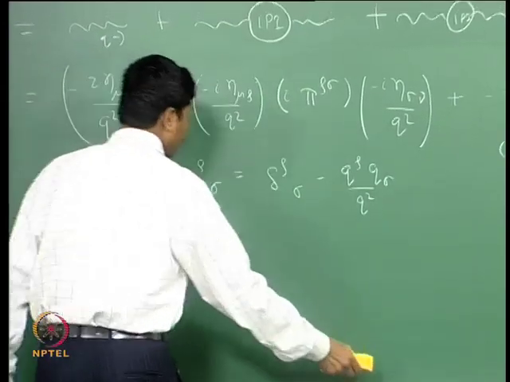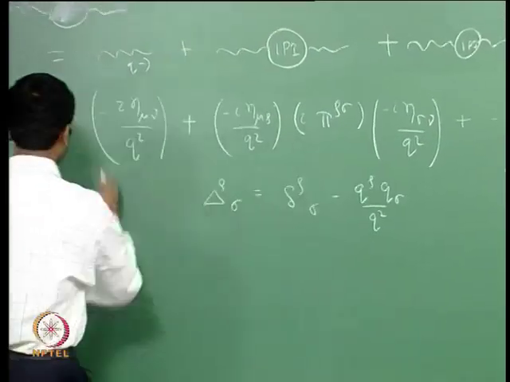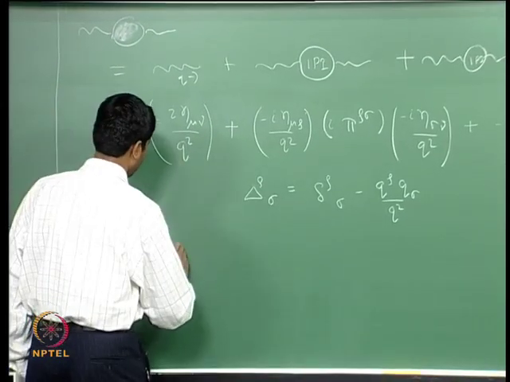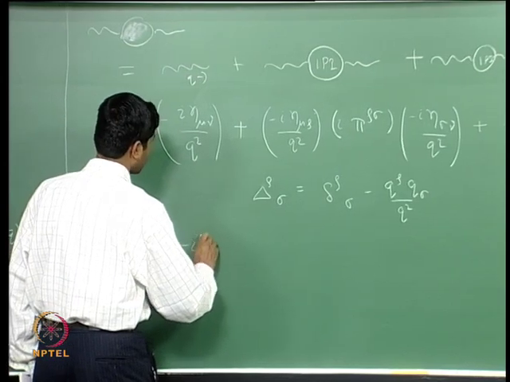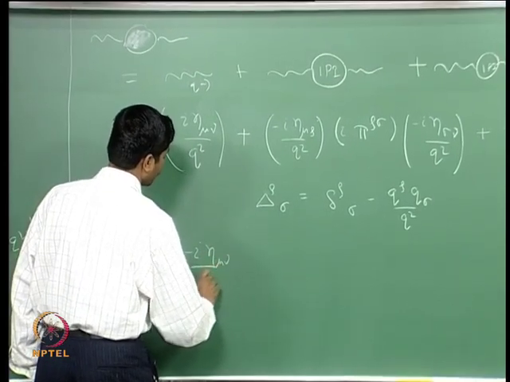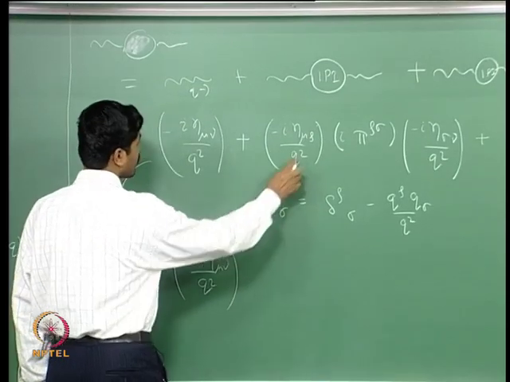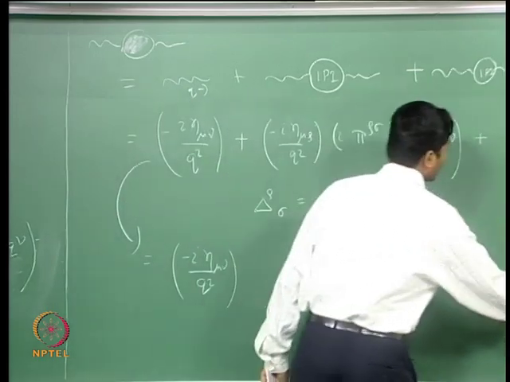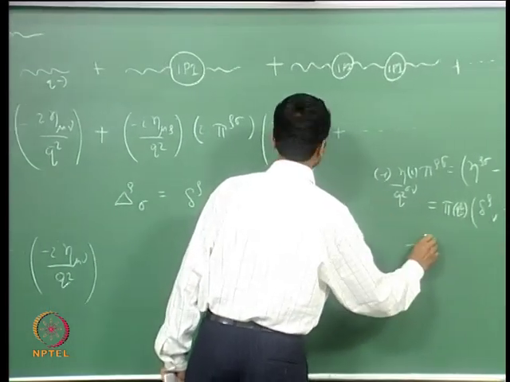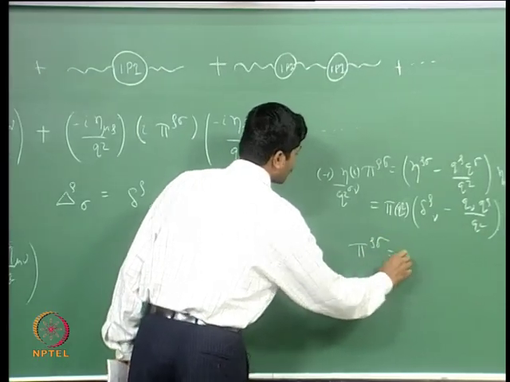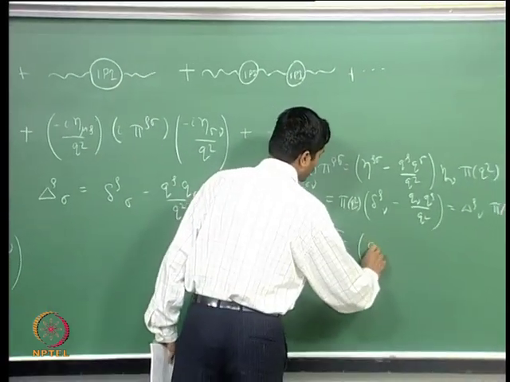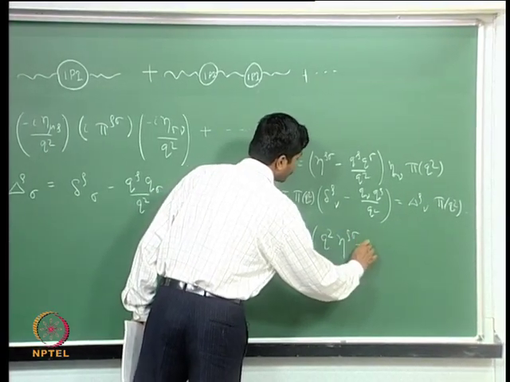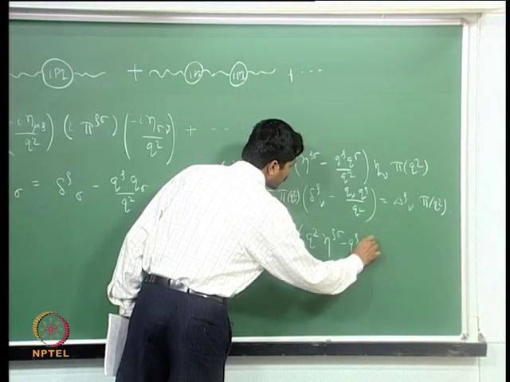So, if this is my δ_ρσ, then this term here is given by, first term is going to remain as it is. So, it is i η_μν divided by q², and the second term, to emphasize what I said, I denote π_ρσ. I know π_ρσ can only take this form. It can be given by q² η_ρσ minus q_ρ q_σ.